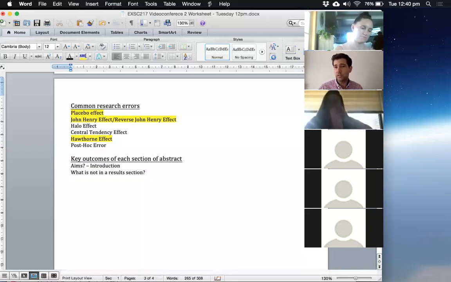But if we've just got a results section, then we shouldn't have any discussion, we shouldn't have any context. It should just be what the findings were specifically in terms of the stats, and whether that be descriptive or inferential, and then you save any discussion or context for the discussion section, so that you might get a question like that in the mid-semester exam.